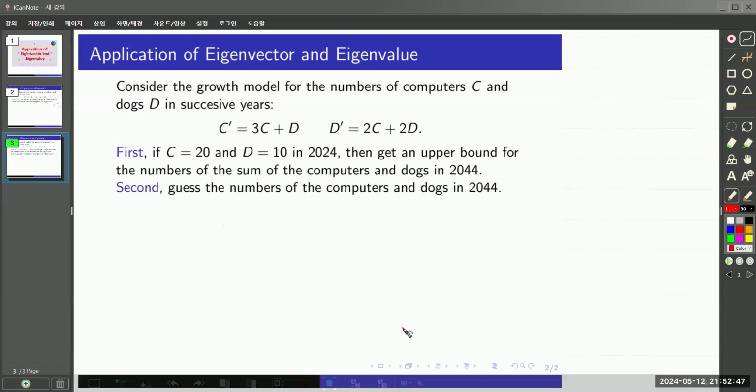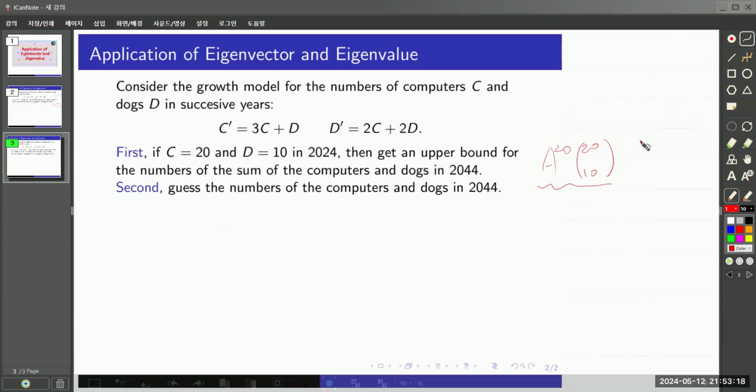If you want to guess the numbers of computers and dogs in 2044 separately, then you may use the information about the eigenvalues and eigenvectors. Still, you want to know A to the 20 times (20, 10). But it's not that simple to calculate A to the 20.